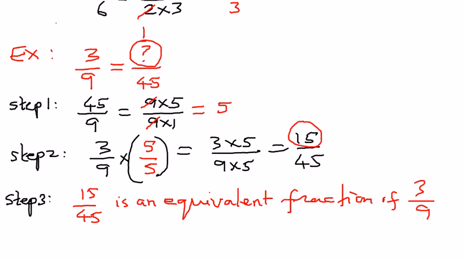The numbers could be 3 over 9, and we could figure out what that number in the numerator is going to be on top of the denominator 45, and these are the different steps we follow to find that number. In this particular case, we found out that 15 over 45 is an equivalent fraction of 3 over 9.